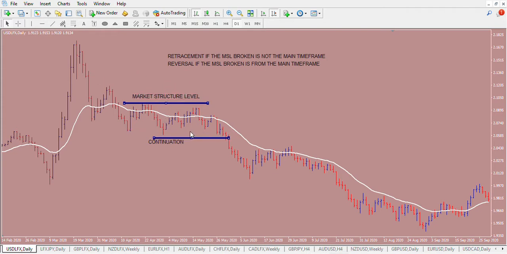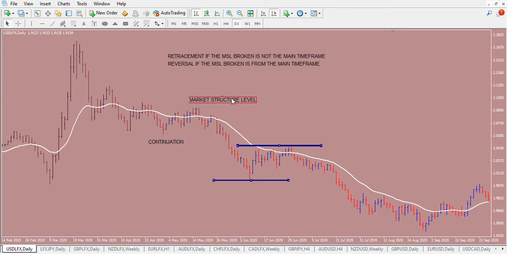Now price closed lower. This is to tell you that it's going to continue the trend. We have our market structure level here. Another market structure level here. Price went lower. Are you seeing this?